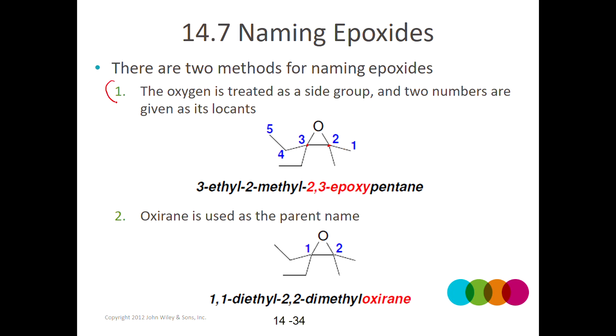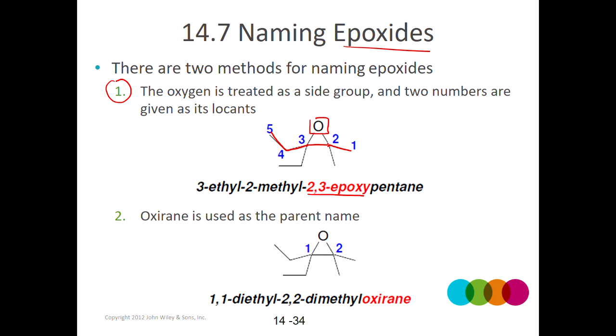The first naming system for epoxides involves finding the longest chain of carbons, 1, 2, 3, 4, 5, that includes the carbons of the epoxide, which is obviously carbon 2 and 3, and then naming the oxygen as a substituent with the word epoxy.